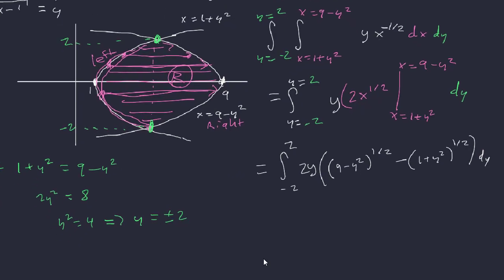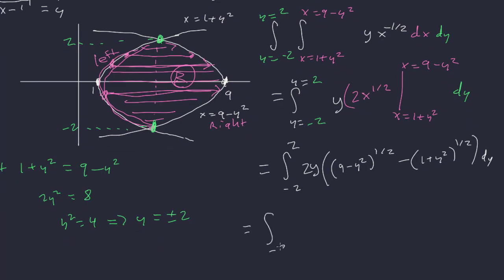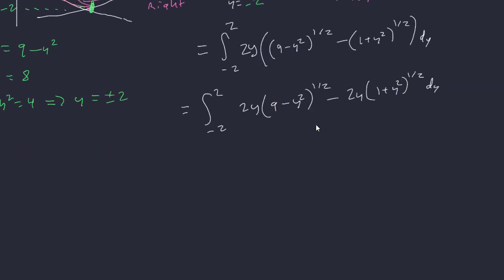All right, so now we'll get -2 to 2 of 2y times 9 minus y squared to the 1/2 minus 2y times 1 plus y squared to the 1/2 dy. And now we can integrate with respect to y. So here is, thankfully, once again, where we can use quick U substitution.